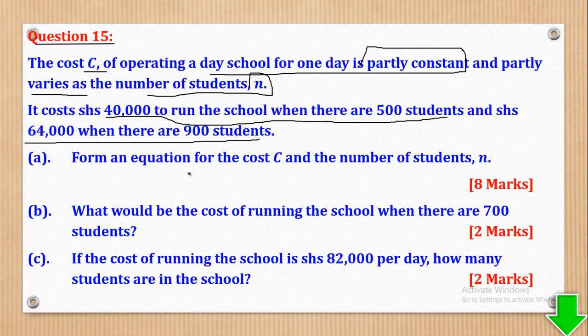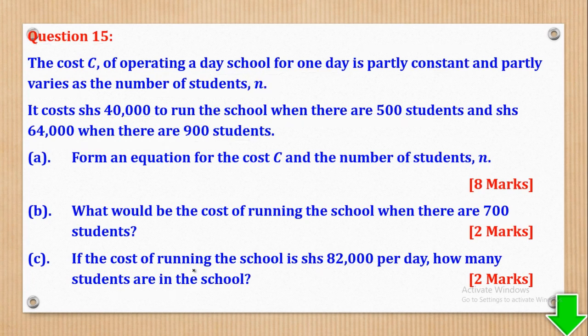Form an equation for the cost C and the number of students n. That was part A. Then part B, what would be the cost of running the school when there are 700 students? That was part B. Now part C, if the cost of running the school is shillings 82,000 per day, how many students are in the school?